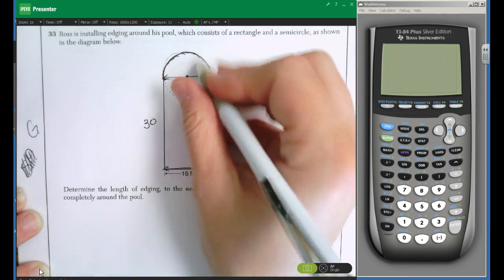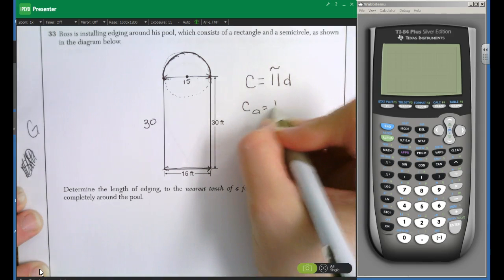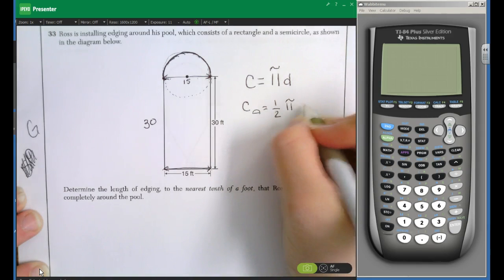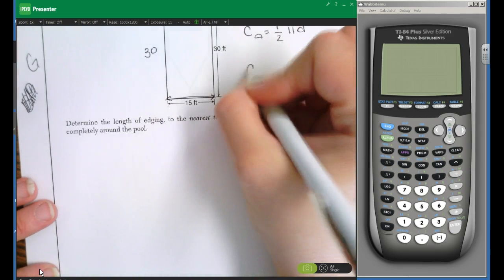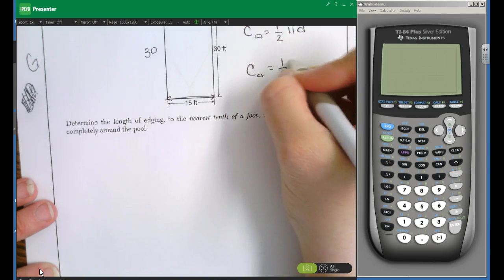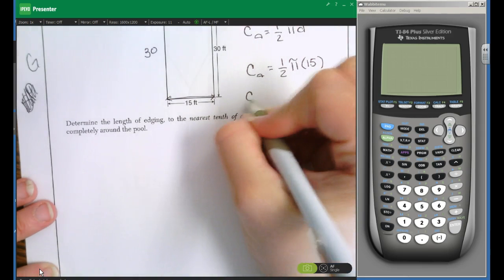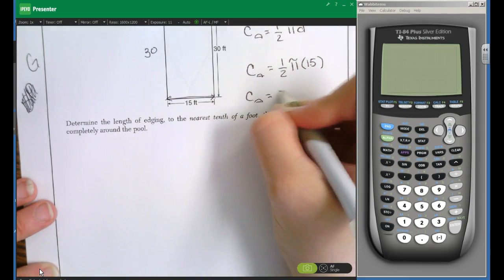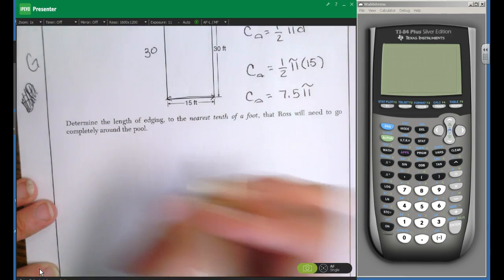Because this is a semicircle, we have to take whatever we get and divide it by 2. So the circumference of the semicircle will be 1/2 times pi times 15, or, just to make it look pretty, 7.5 pi. So let's add it up.